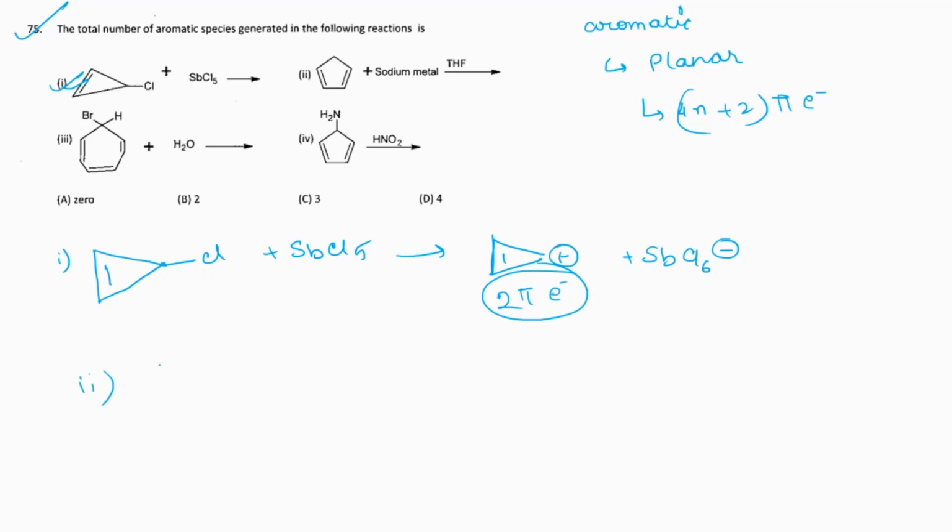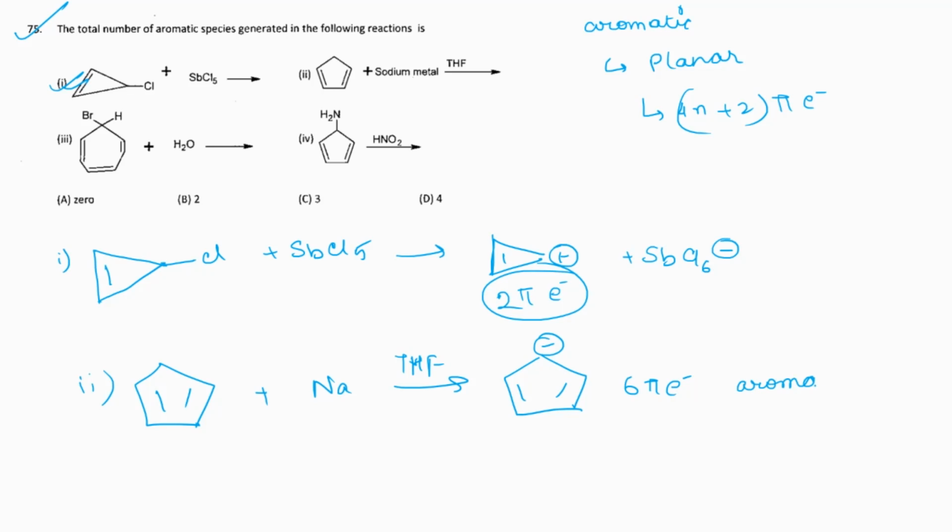For the second part, when I add sodium metal in THF, sodium will take the hydrogen to form NaH, leaving this product. This has 6 pi electrons, and this is also aromatic because it satisfies the 4n plus 2 rule and it is planar. So I am getting option 2 as aromatic.